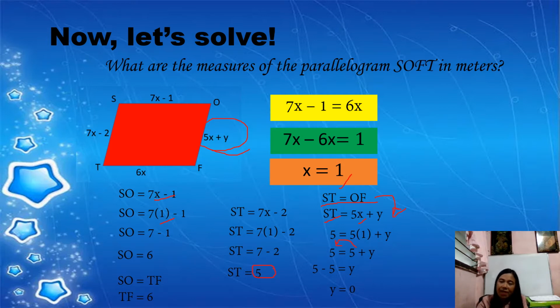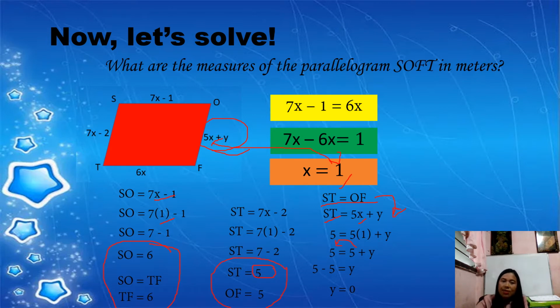Now, if the value for y is 0, then 5 times the value of x, which is 1, is 5 plus 0. Therefore, OF is equal to 5. Okay? So there you go. We now have the measures of the sides, which are 6 and 5.